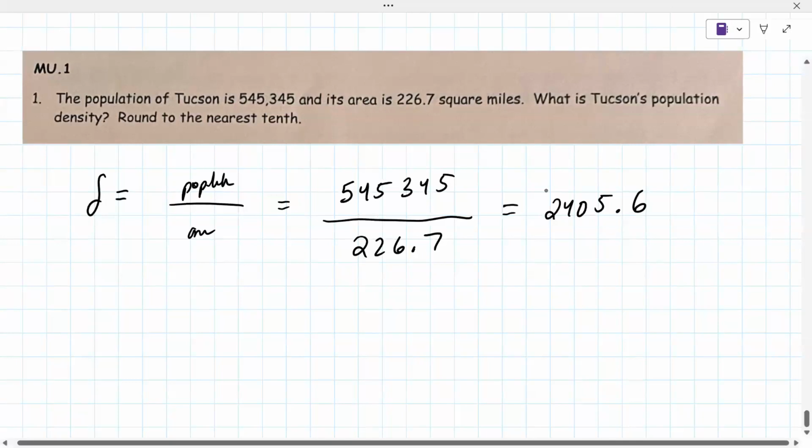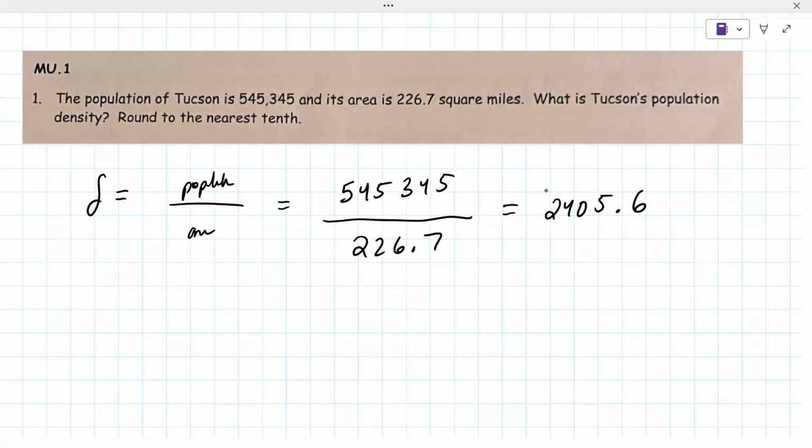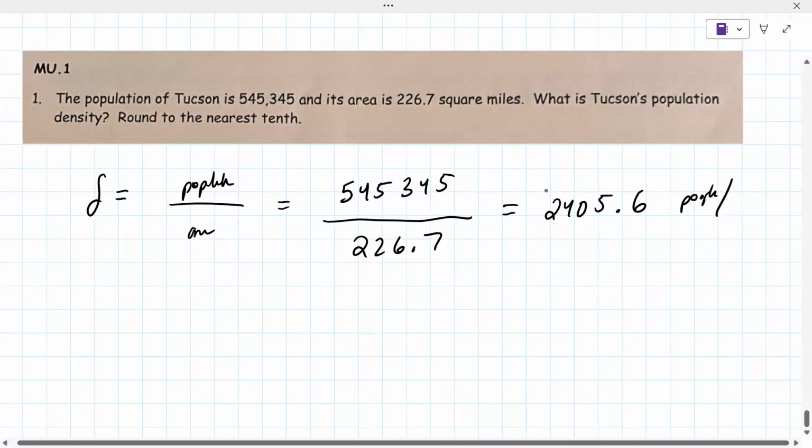And it does need units, so it's people per square mile. Units are important.